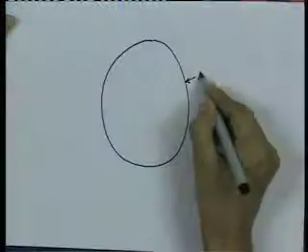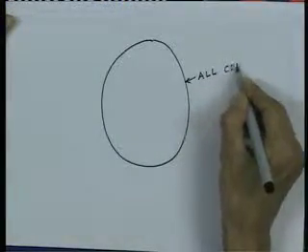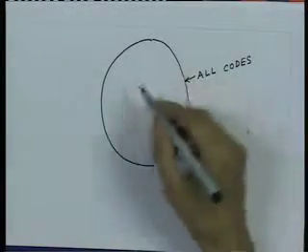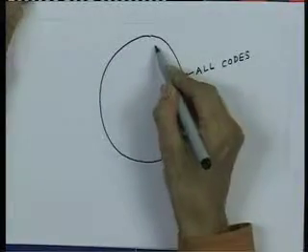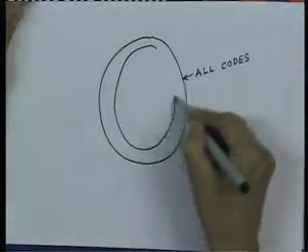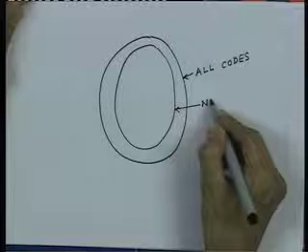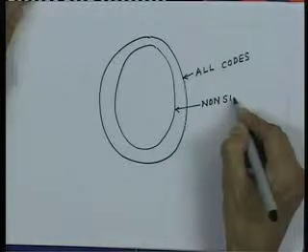Now, let us summarize what we have talked about the codes. In summary, we can say that we have a class of all codes, and out of all these codes, we are interested in a subclass, and that is non-singular codes.